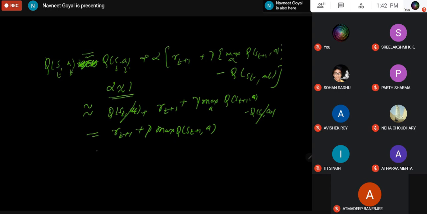So now what? So what can you make out from this? Yeah. So see this simplification, and we are assuming that alpha is equal to 1. So you know how we interpreted alpha is equal to 1.